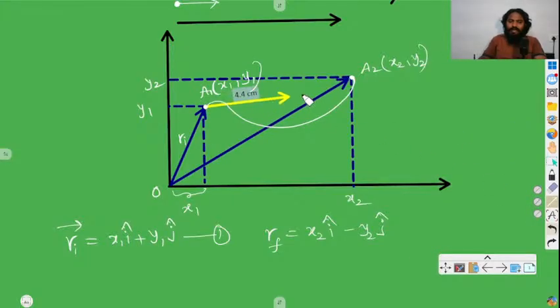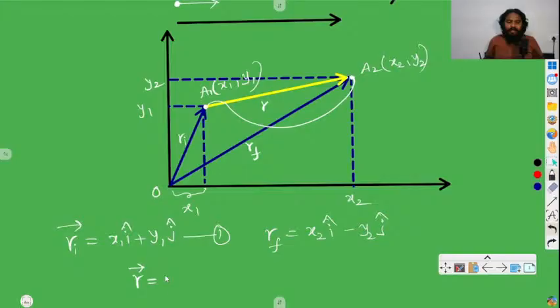If I draw a line from the initial position to the final position, then this yellow one shows the displacement, right? This is nothing but the displacement vector r. Clear? So I can tell that the displacement vector r bar is equal to the final position vector minus the initial position vector. This is about the displacement.